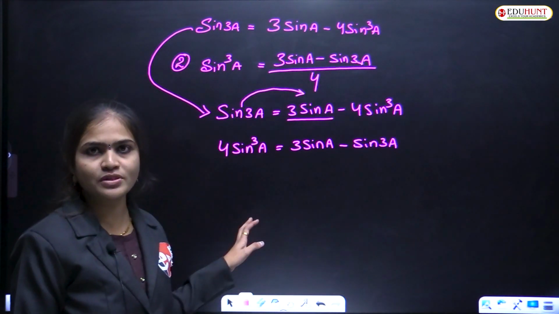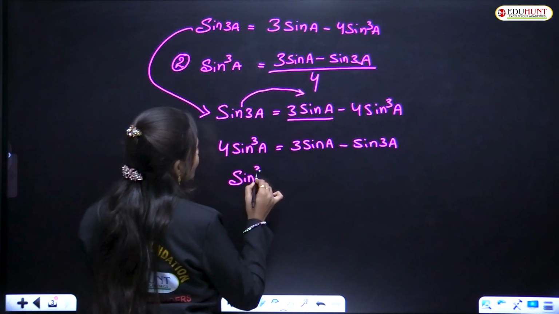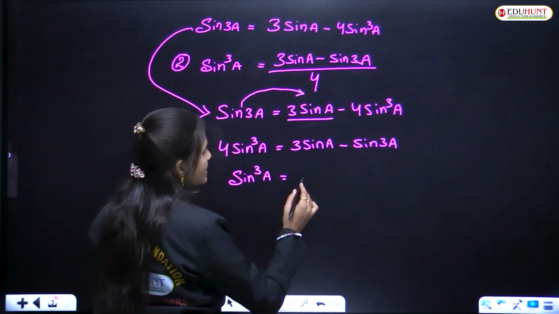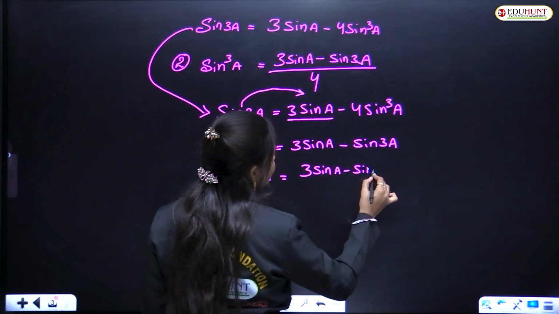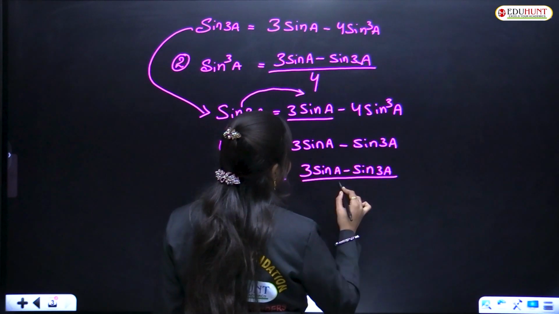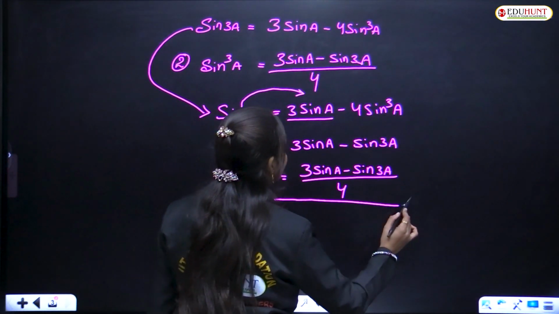Understood? I am just using the transposing process here. So the sin cube A formula is sin cube A is equal to 3 sin A minus sin 3A, whole by 4.